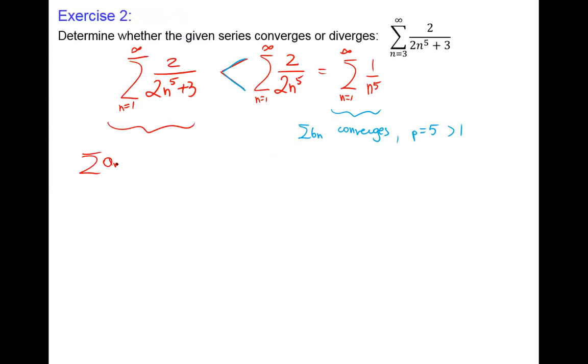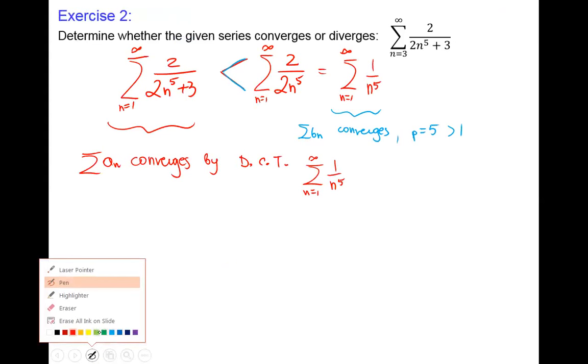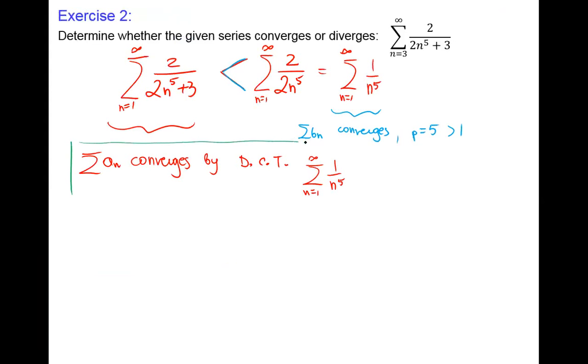My original series a sub n converges. It converges by direct comparison test, and I did compare with 1 over n to the power of 5. Okay, excellent. I really would like to box the final answer. Maybe I can use the green color, just to make sure that we know what the final statement is.